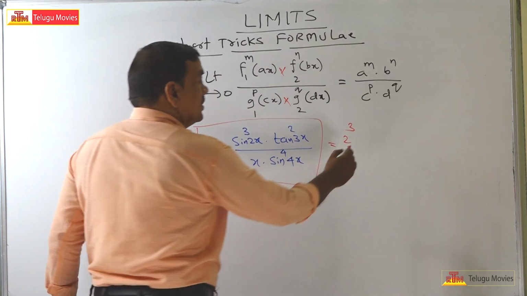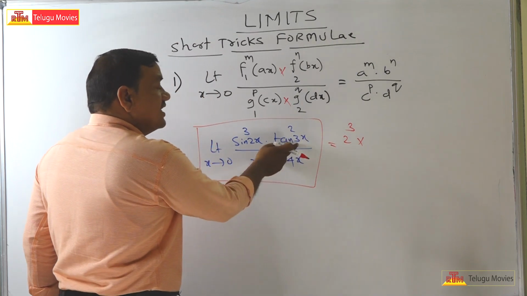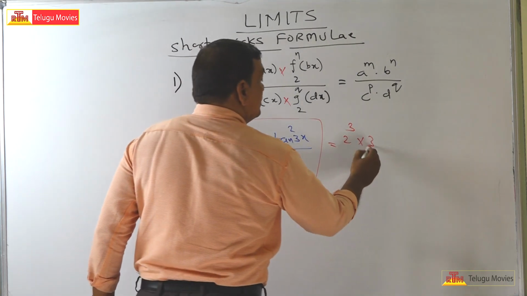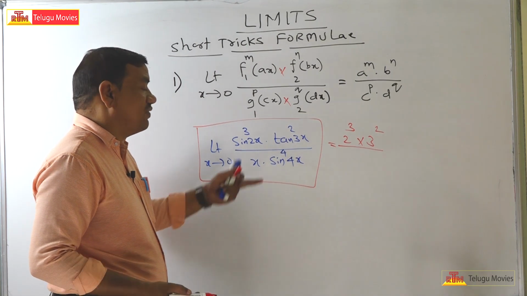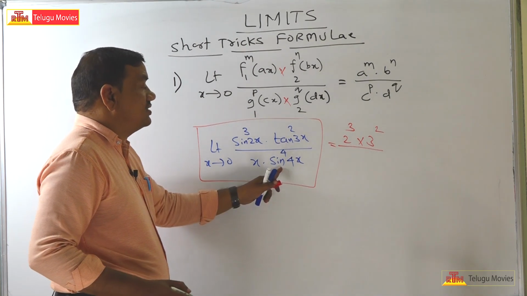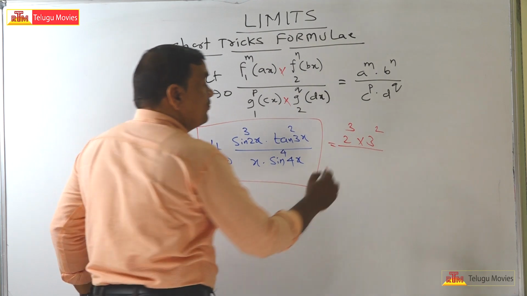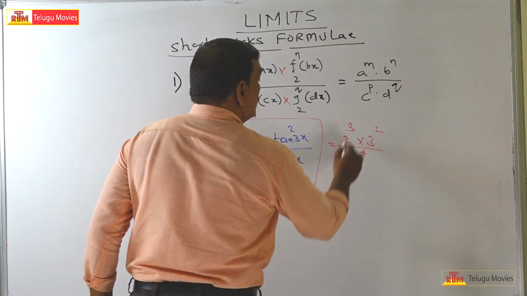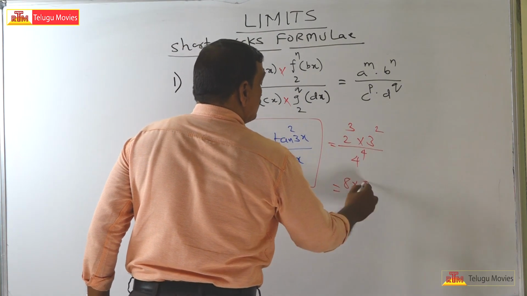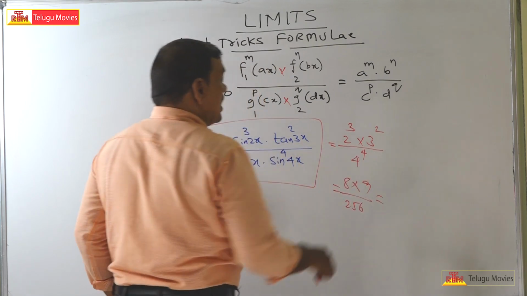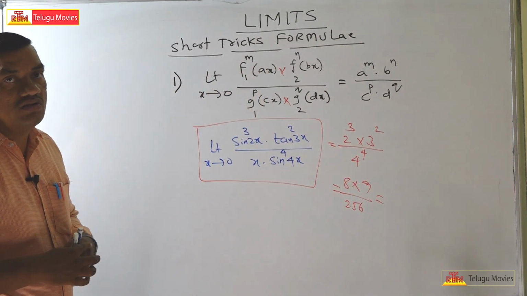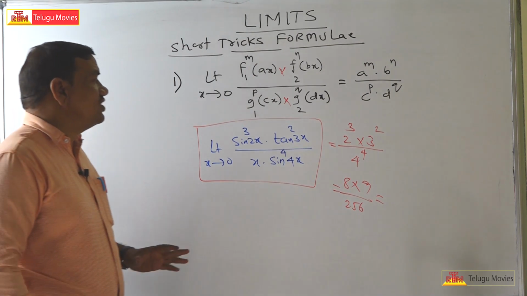Here tan 3x is there, here 3 is there, power 2, 3 square. x is there, power 1, no need to write down. Sin 4x, here 4 is there, power 4 is there. So this is 2 cube 8, 3 square 9, and 4 power 4 is 256. You calculate and that will be your answer. Understand? So very short trick formula.